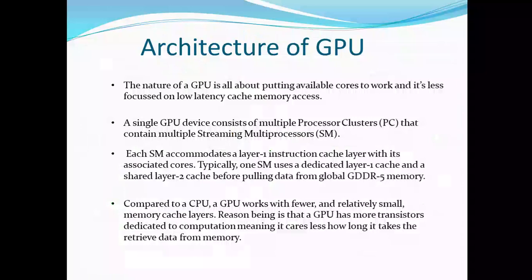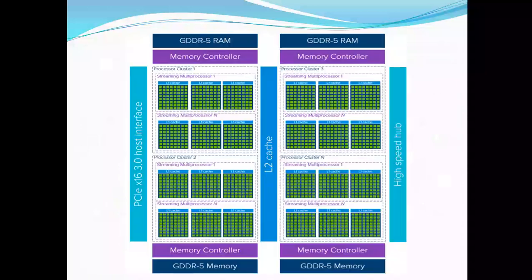Typically, one streaming multiprocessor uses a dedicated layer 1 cache and a shared layer 2 cache before pulling data from global GDDR5 memory. Compared to a CPU, a GPU works with fewer and relatively small memory cache layers. The reason is that a GPU has more transistors dedicated to computing, meaning it cares less how long it takes to retrieve data from memory. As you can see, there are multiple clusters in a GPU chip.